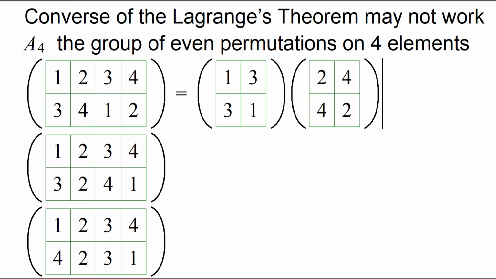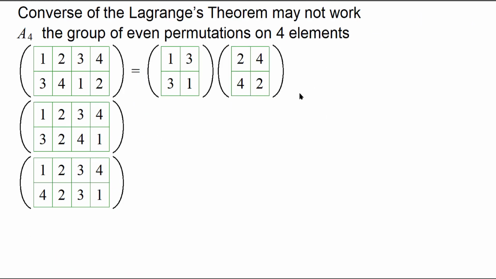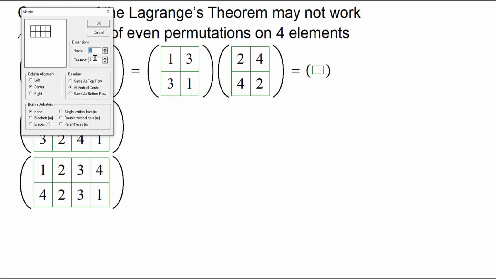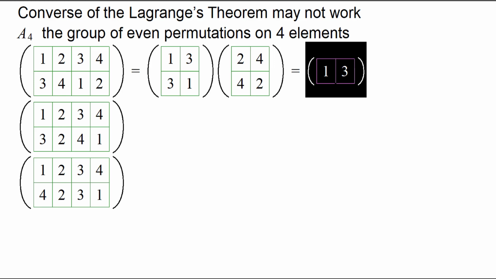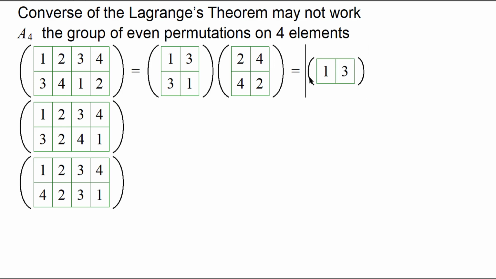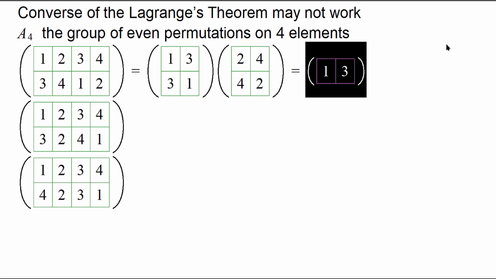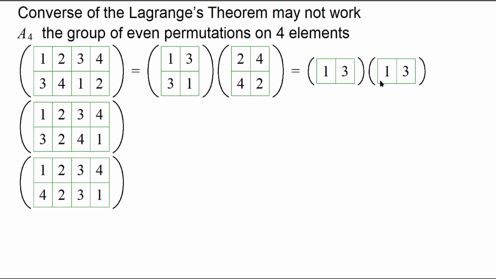So the way you write these, if you remember from the last presentation, is that this is a cyclic permutation: 1 goes to 3, 3 goes to 1, and for the next one 2 goes to 4, 4 goes to 2.